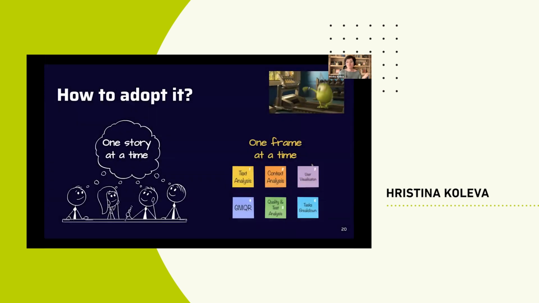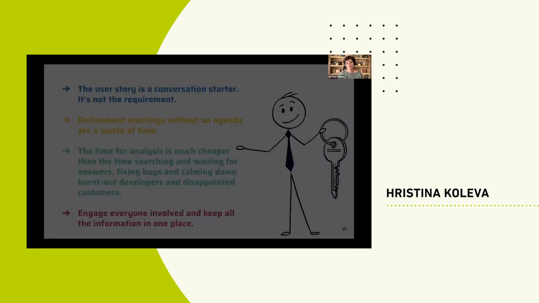How to adopt it? You can do one story at a time. You can do one frame at a time. It's up to you. Give it a try. The great advice I could give you is don't rush it. Take your time and do a lot of exercises. Do as many user stories as you can before you actually adopt the practice.